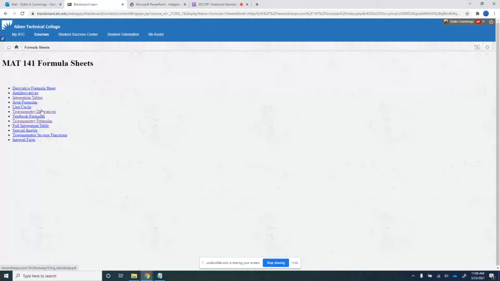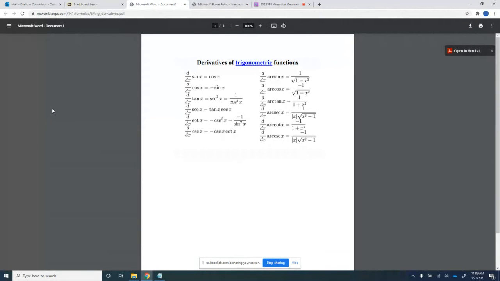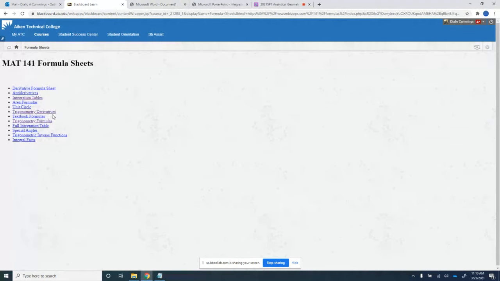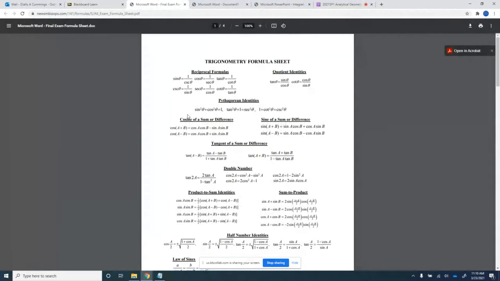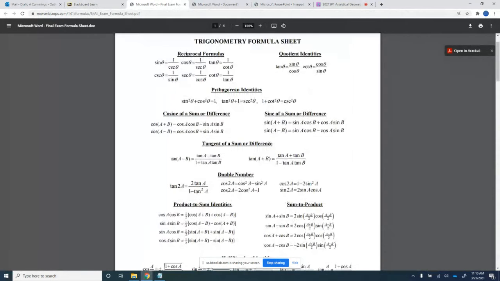You're going to need the trig derivative formula sheet. And today we're also going to use the trigonometry formula sheet.